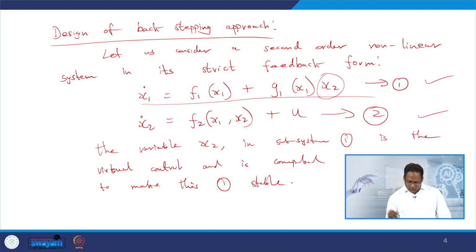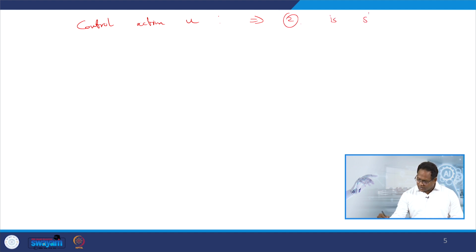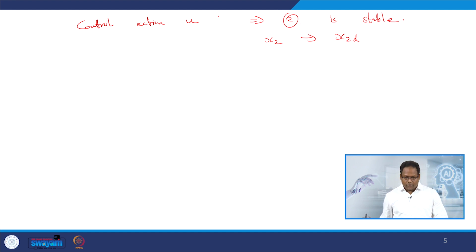So, let us have this control be termed as x2d, and the control action u is computed so that the second subsystem is stabilized, as well as the state x2 follows x2d. x2 is meant for stabilizing the system, which means that state variable x1 will follow and reach x1d, the desired value for state x1.